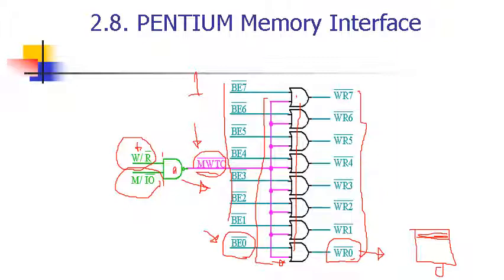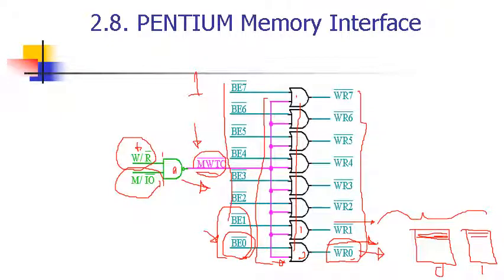On the other hand, if you received 2 bus enable signals active, 2 zeros in here, BE0 and BE1 are both zeros, these 2 OR gates will produce 2 zeros, which activates along with the 0 bank, the bank number 1, enabling the system to write 16 bits at a time.